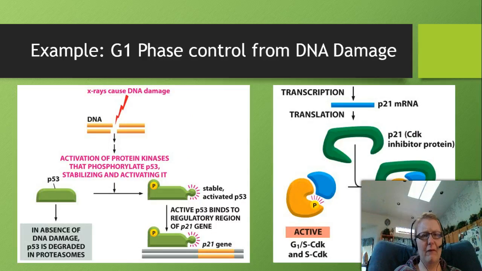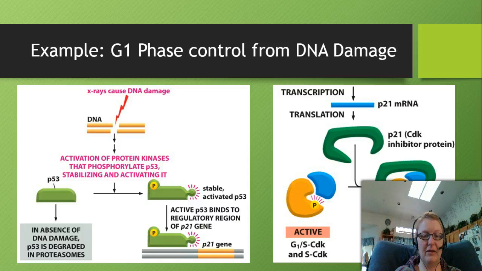Let's look at how G1 phase is controlled from DNA damage, though. So here's another example. In this case, the cell is damaged, and so we don't want to go through G1 phase. We don't want the cell to cycle anymore. So the DNA is damaged, and there's the activation of the protein kinases that will phosphorylate this protein known as P53. And P53 is responsible for inhibiting this process.